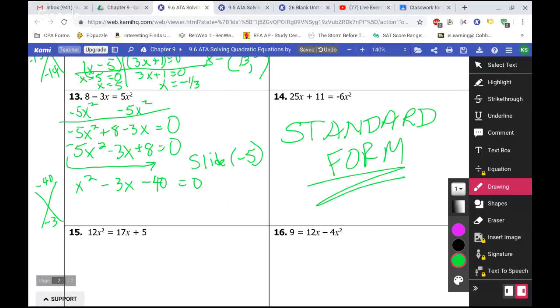Anybody have a suggestion? 8 and 5. Good job. 8 and 5. Which one will be the bigger one? Which one will be positive? Which one will be negative? 8 will be positive and 5 will be negative. Try again.